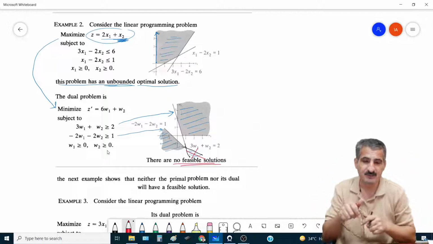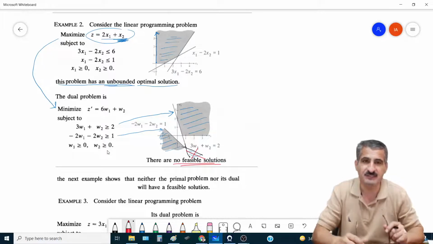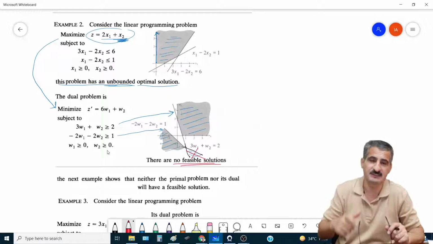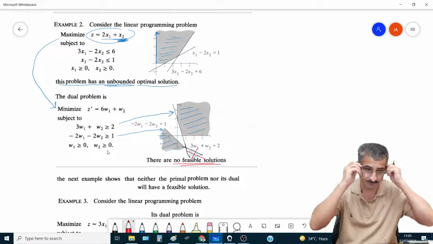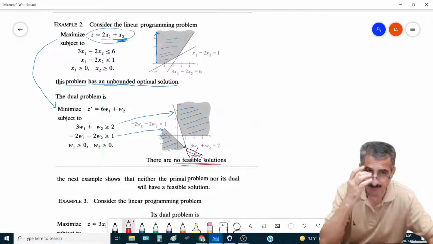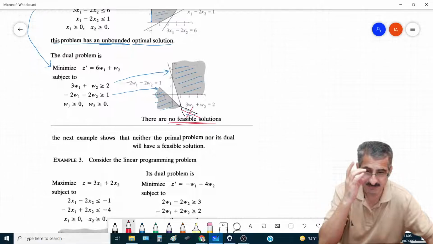Now, because the primal here is unbounded, the dual does not have a feasible solution. So it's not possible to have the primal problem with a finite optimal solution but the dual problem without an optimal solution. This is not possible, and the opposite also is not possible.